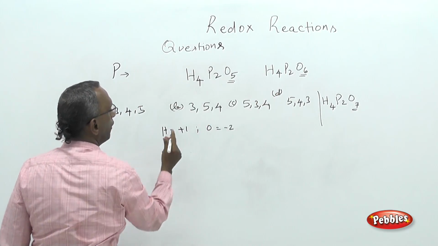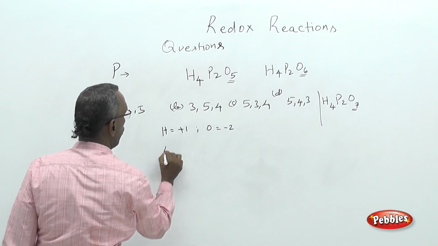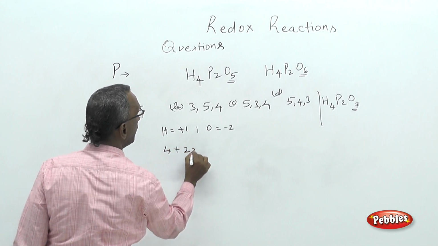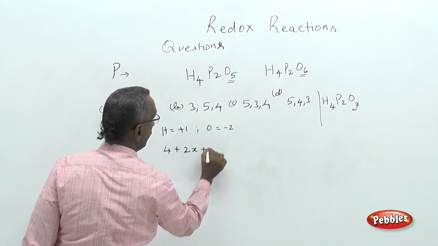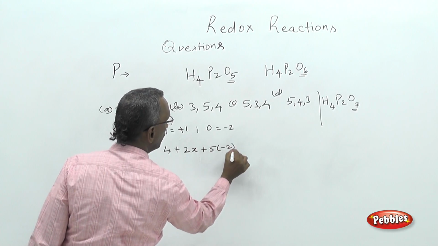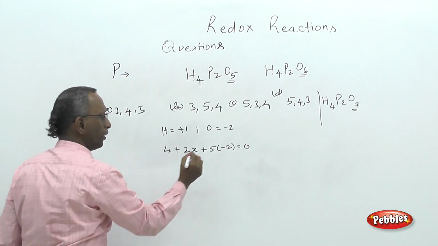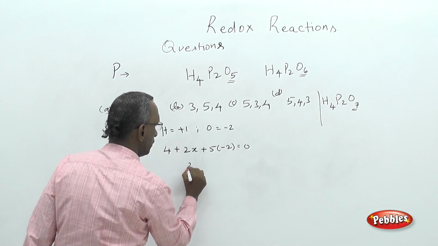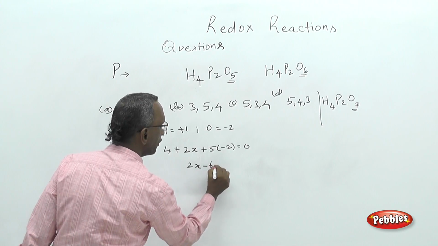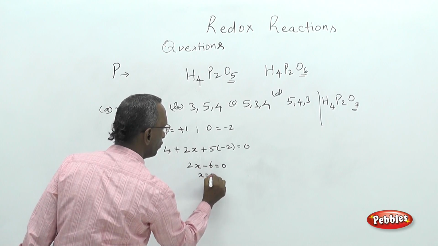So for the first case, 4 plus 2x plus 5 into minus 2 equal to 0, or 4 plus 2x minus 10 equal to 0, or 2x minus 6 equal to 0, x equal to 3.